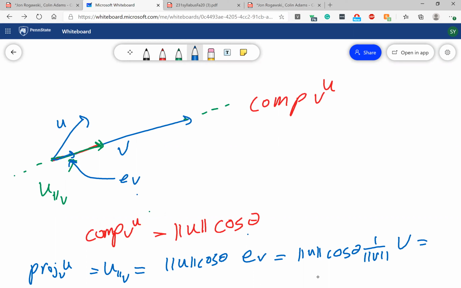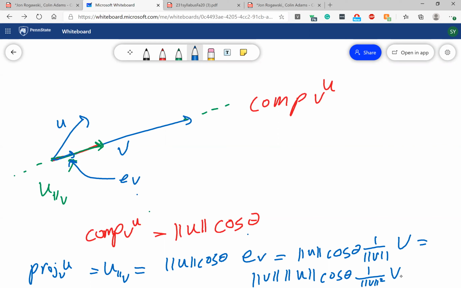So this is going to be equal to the magnitude of v times the magnitude of w times cosine of theta times 1 over the magnitude of v squared times v. And now this over here is v dotted with u.